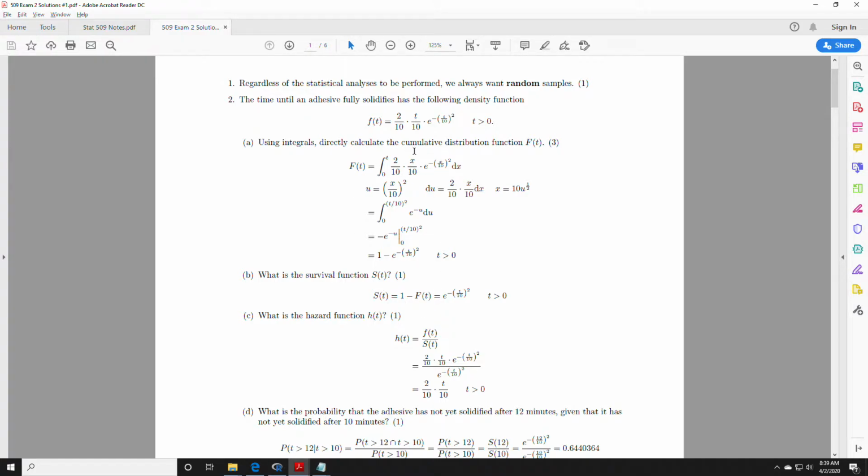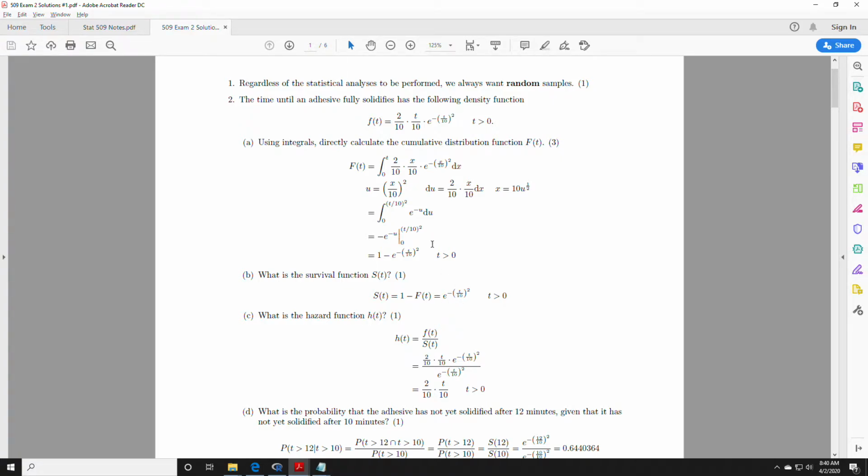But this is a Weibull distribution, right? So immediately we should know u substitution, setting this exponent to u besides the minus sign. Take our du, make sure to change the bounds, right, which only affects the upper bound of the integral. And then this integral right here is extremely basic. So calculating that shouldn't be too difficult.